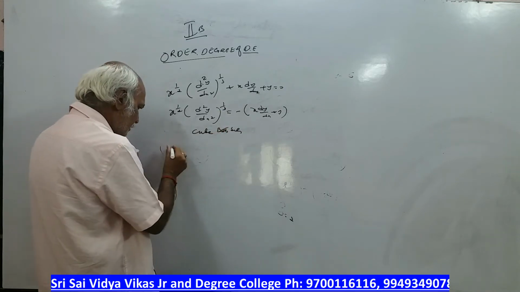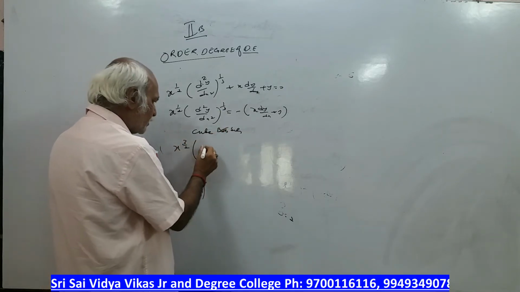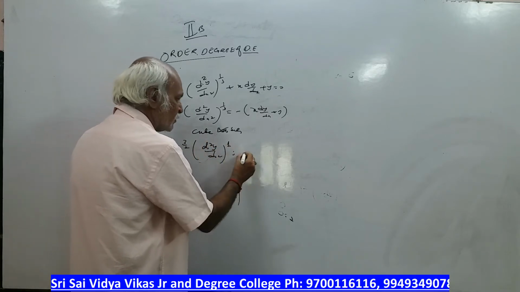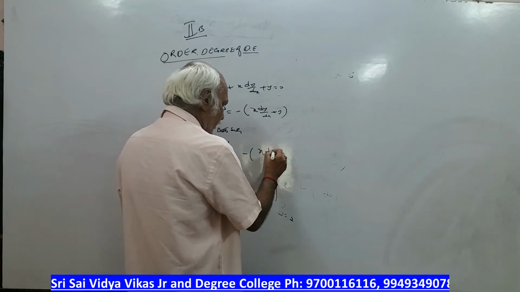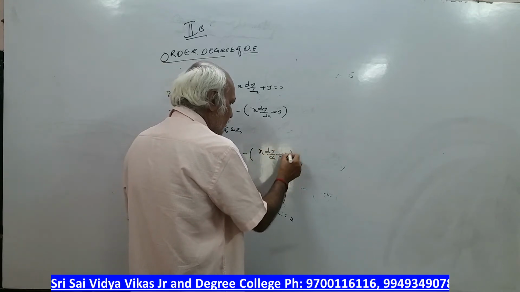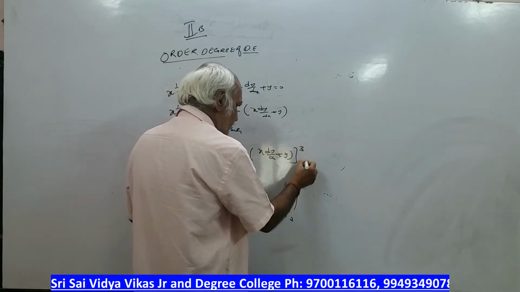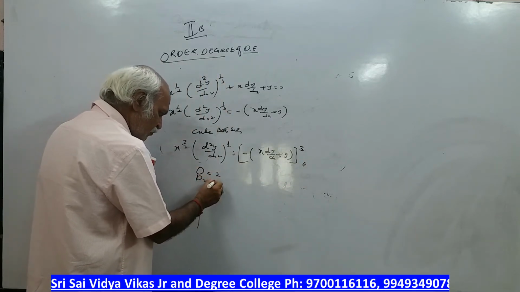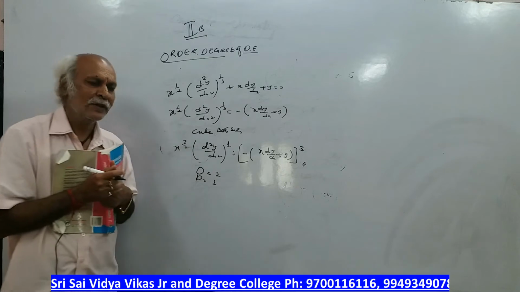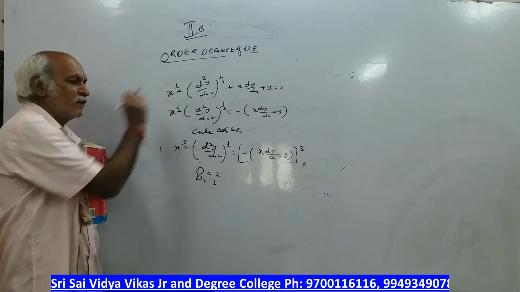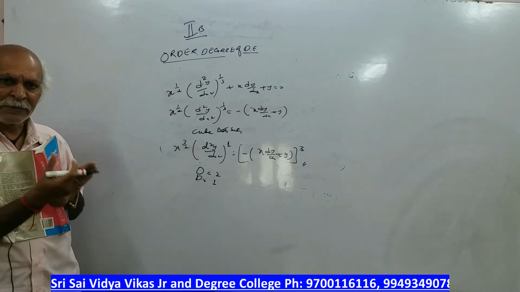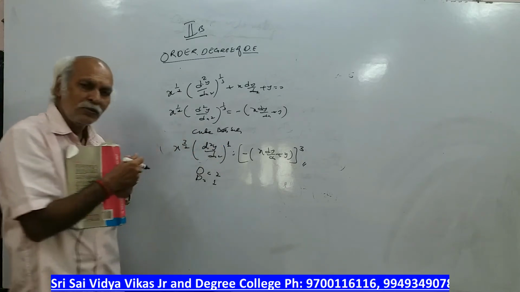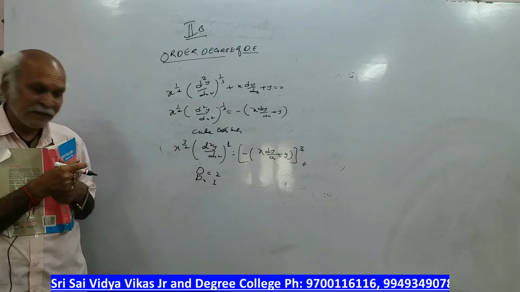So what will happen? x power 3 by 2, whole raised to 1, is equal to minus of x dy by dx plus y, to the power of 3. Now what is the order? 2. What is the degree? 1. Because what is the power of this? Means wherever d square y by dx square and dy by dx are there, it should not be in the p by q form. It should be in integer power. So what is the answer? Order is 2, degree is 1.